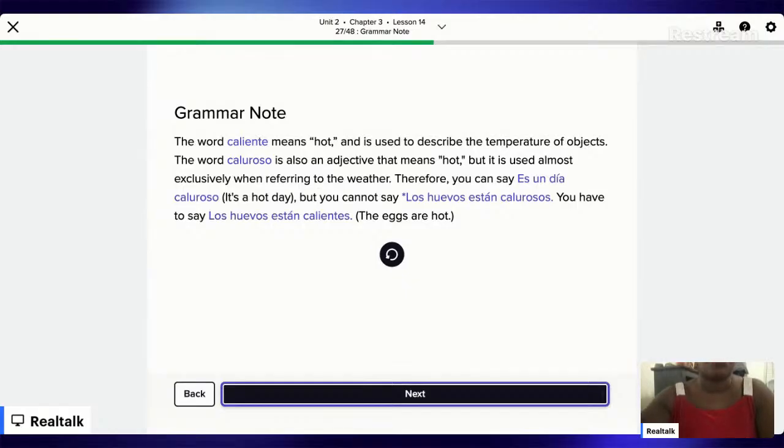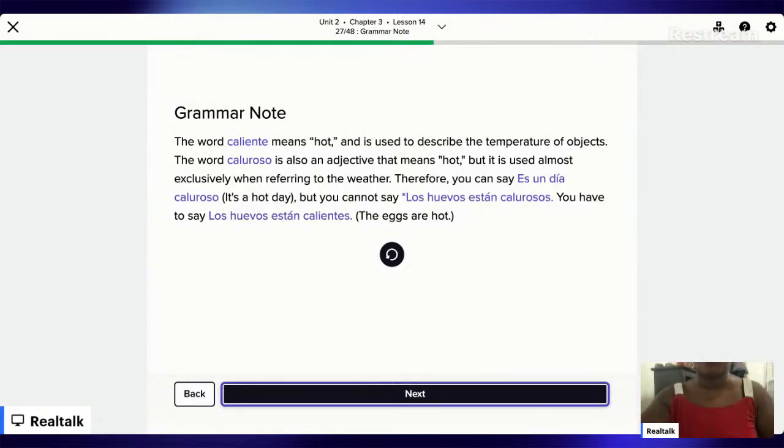Now, y'all know I'm about to go crazy, because if you watched the previous live, you will know that they had me saying the cooked fish was caluroso. Remember, I googled it and I'm like, hold up, I thought caluroso was used for weather, but they were using caluroso in place of caliente.